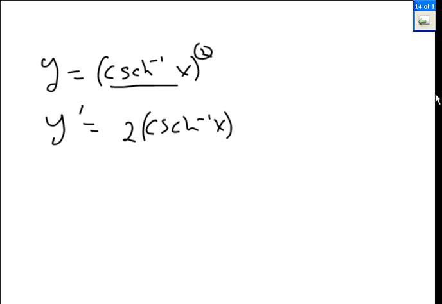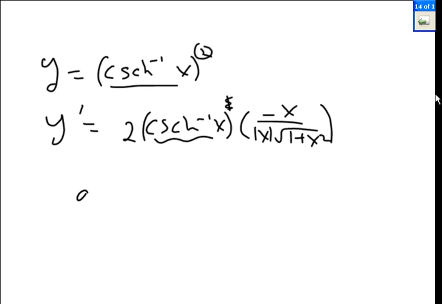Bring down the power, make the new power 1 less. You don't have to denote 1. Times the derivative of hyperbolic cosecant inverse of x, which is negative 1 over the absolute value of x times the square root of 1 plus x squared.